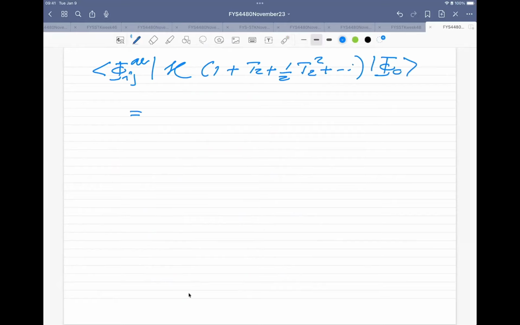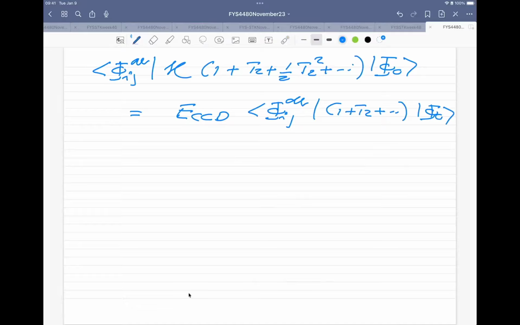And this is equal, and then this is just a constant, so we can just put it out here. And then we have this term phi_ij^AB, and then I have 1 plus T2 plus, and this is phi 0. And obviously the first term has to be 0, the one with the 1 here, because then we are just taking the overlap between two states which are orthogonal.